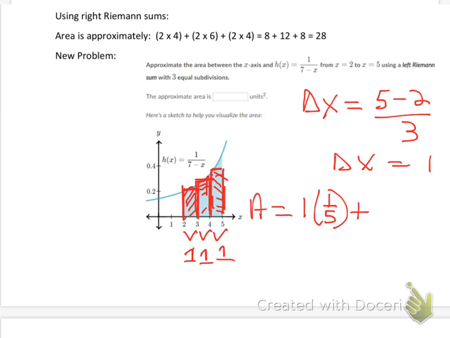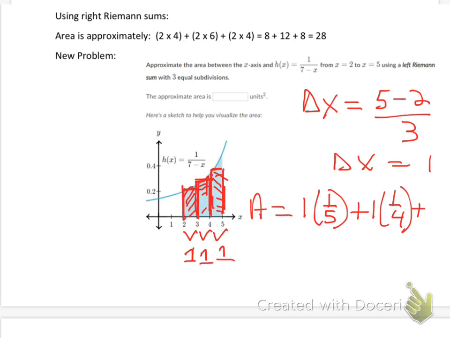Go to the next area. And the next area, when I start at 3 and I hit that axis, I have 1 over 7 minus 3. So that is 1/4. So 1/4 is going to be 1 times 1/4. I have one more rectangle I need to figure out the area of.